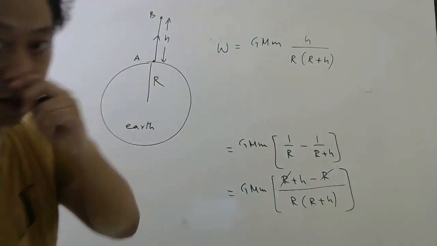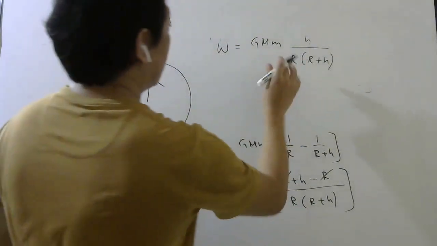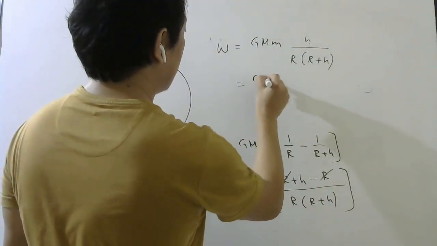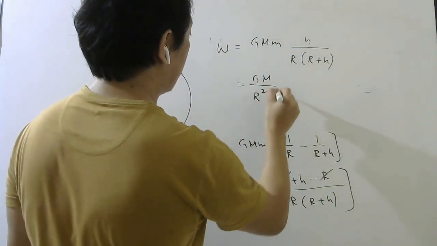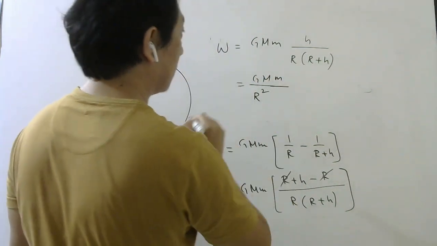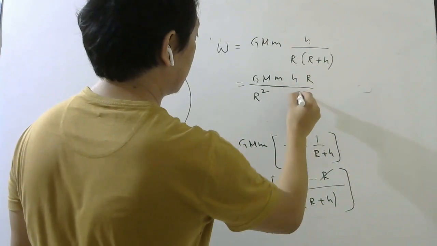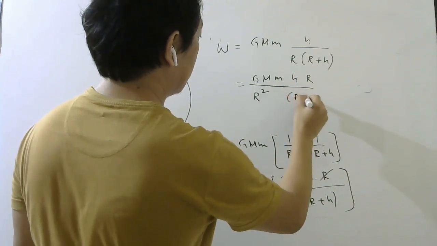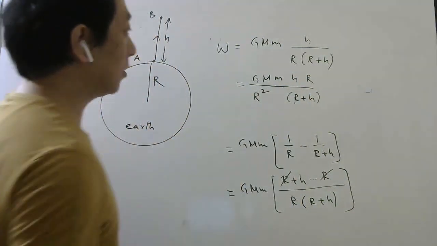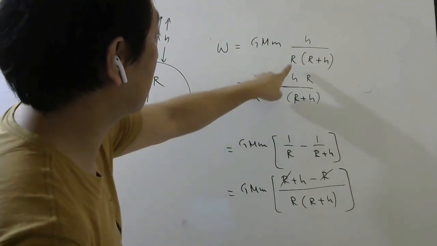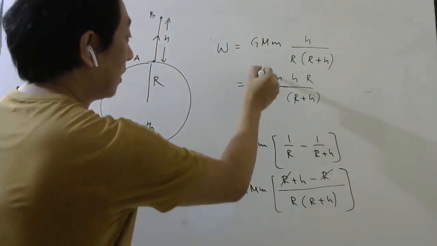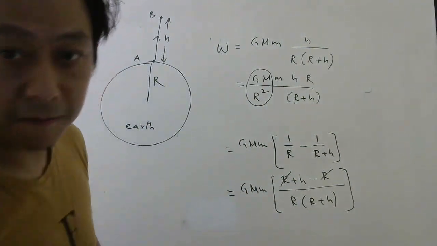Now let me try to write this formula in a different way. Let me write this as GM by R square times m h. Now if I put R square, I must write R here also, R plus h, right? So I wrote one R here and I wrote this R as R square. By doing that, this will be my g on the surface, right?